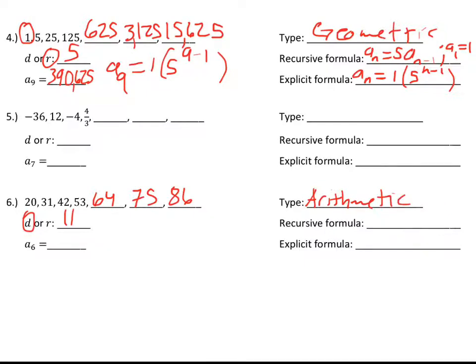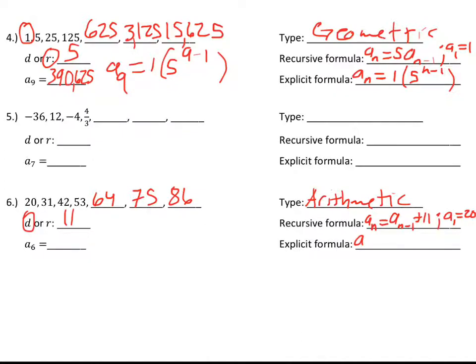So we're going to use that common difference of 11 and our initial value of 20 to write our recursive formula. So a sub n, any number, is equal to the previous one plus 11, and when you start a sequence at 20. So that's our recursive formula, our recursive function.